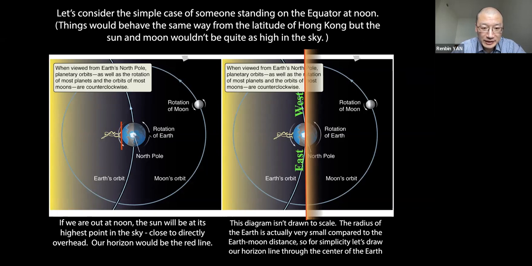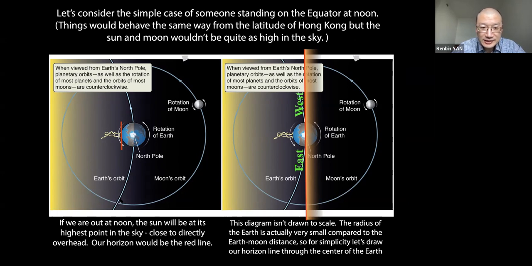And midnight will be on the opposite side, right? Then you can also draw the horizon of this person, a line that is tangent to the circle. For anything on this side in space, the person can see it above his or her horizon, but this side that person cannot see. So this is the horizon.